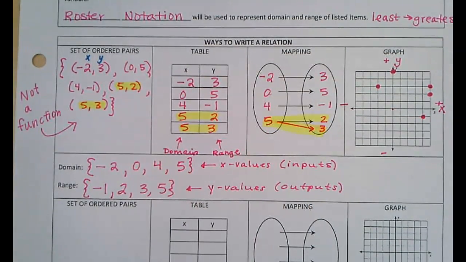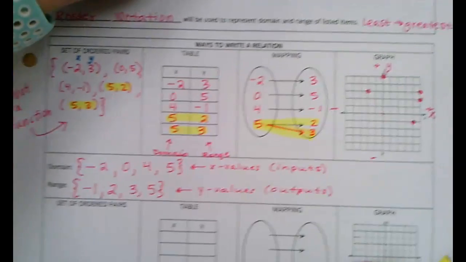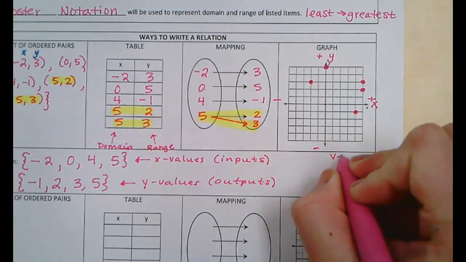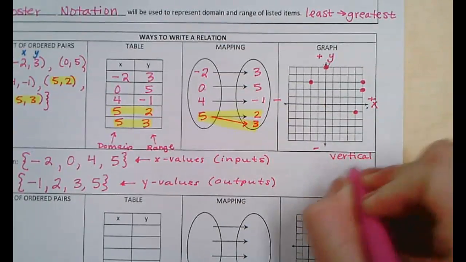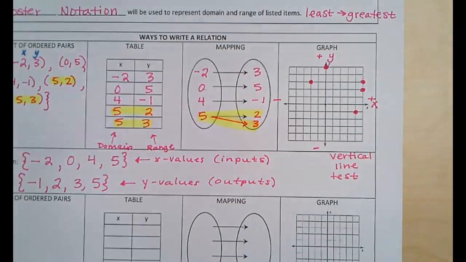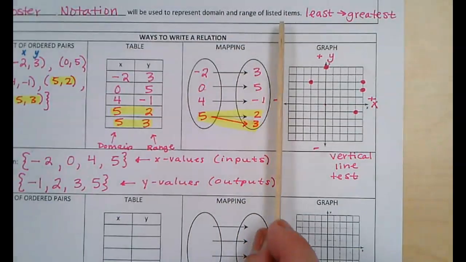The best way to see it on the graph, we call it the vertical line test. If you can take a vertical line and pass it through all of the points on your graph, and it does not hit more than one point at a time, then it passes.